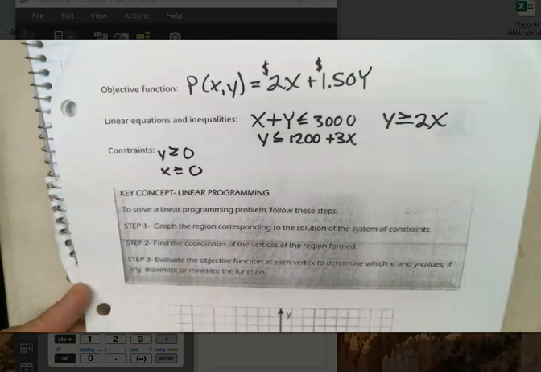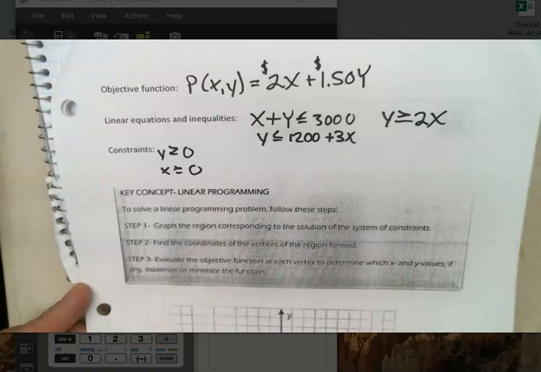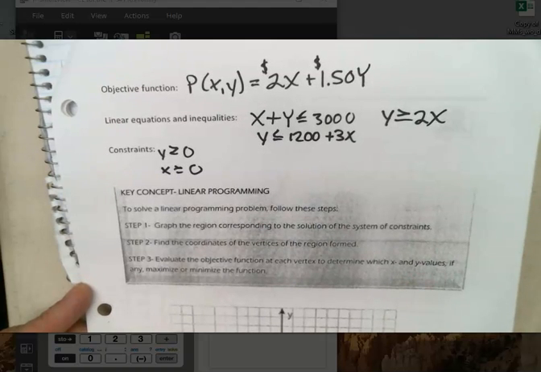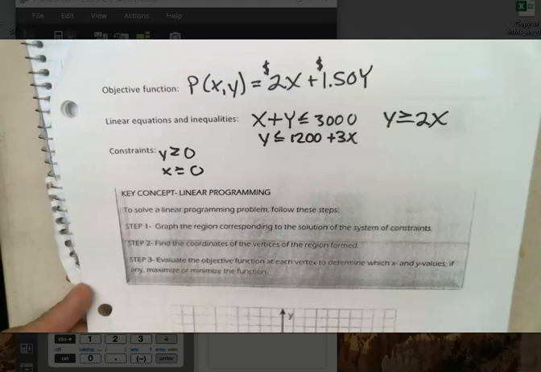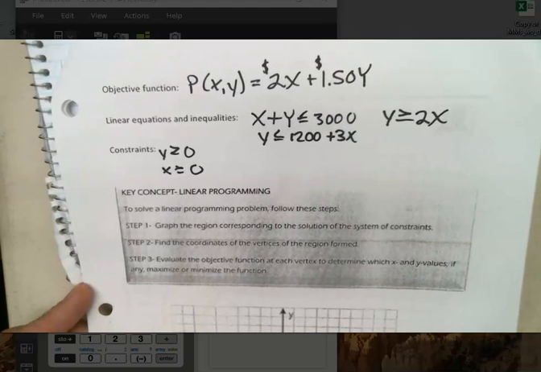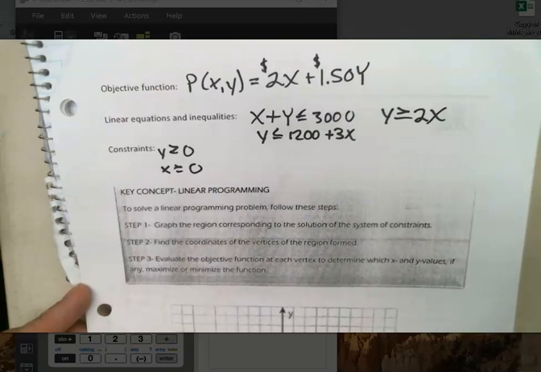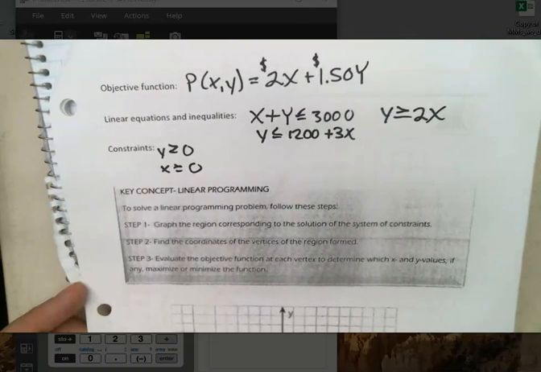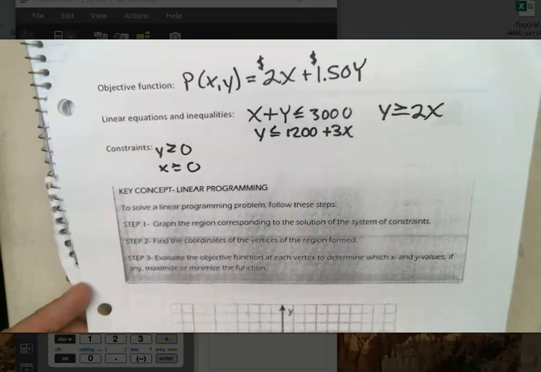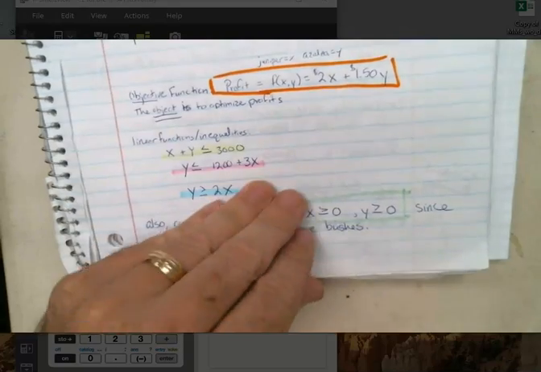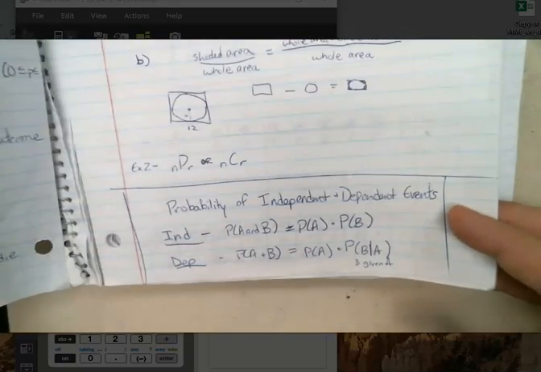We need to graph the region corresponding to the solution of the system of constraints, find the coordinates of the vertices of the region formed, and evaluate the objective function given our xy points. The rule says that's where you're going to find the minimums and the maximums, at the vertices of that region. Righto. So that's exactly what we did.